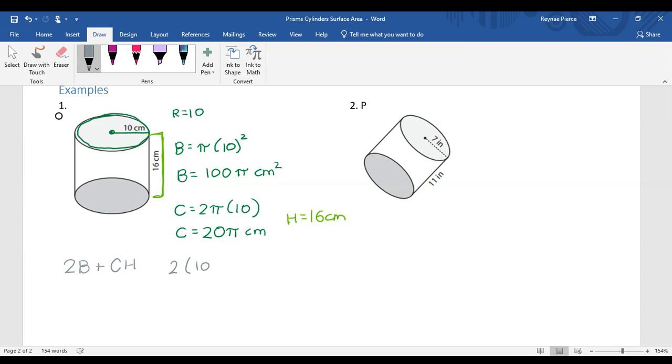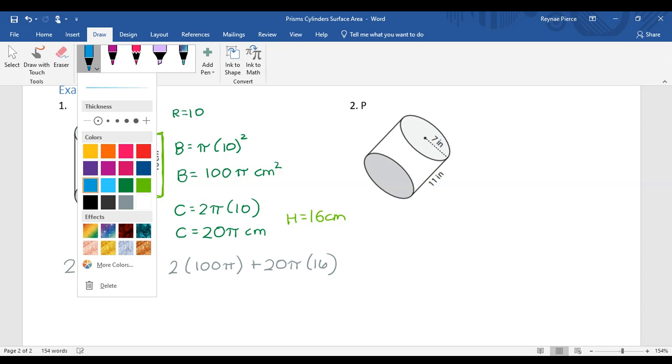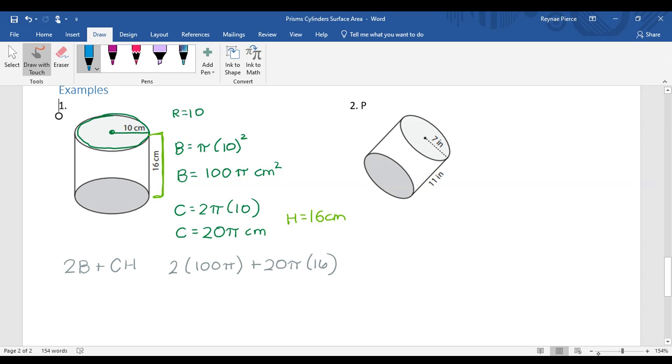2 times the area of the base plus the circumference times the height. Okay, now when we have pi in here, I want you to think of pi kind of like a variable. So we're going to take 2 times 100. That gives us 200 pi. Over here I'm going to take 20 times 16 to give me 320 pi.